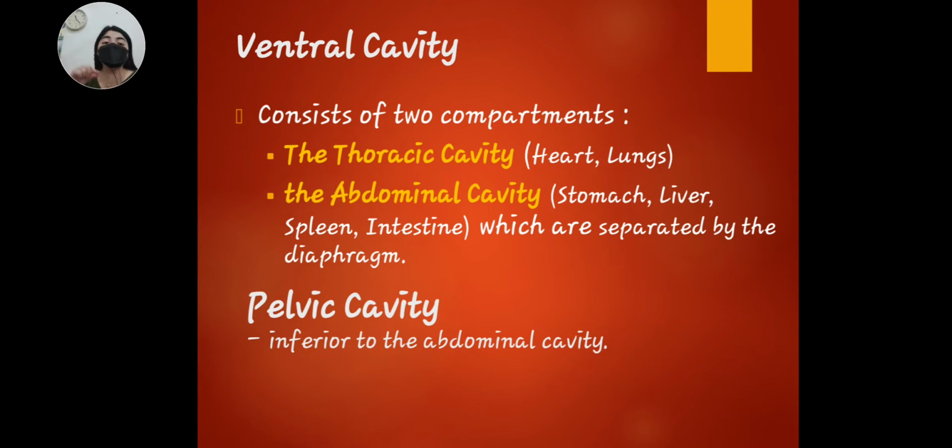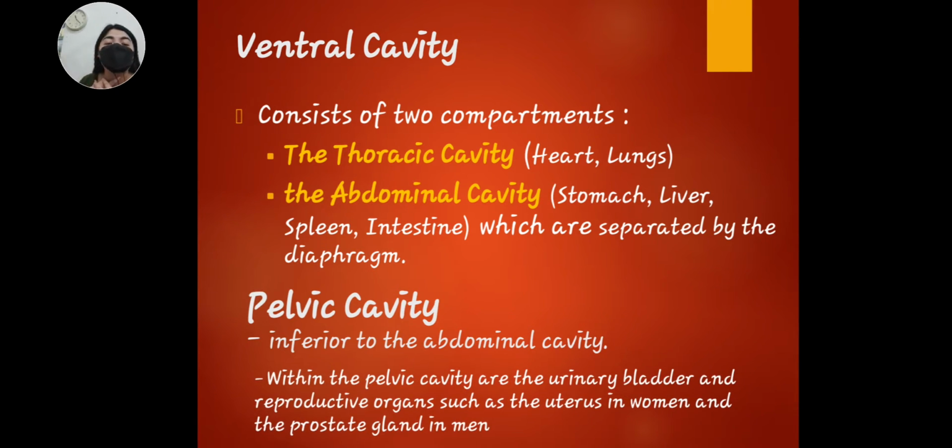If ventral is in the front part and dorsal is in the back part, the pelvic cavity is inferior to the abdominal cavity. Within the pelvic cavity are the urinary bladder and reproductive organs such as the uterus in women and the prostate gland in men.